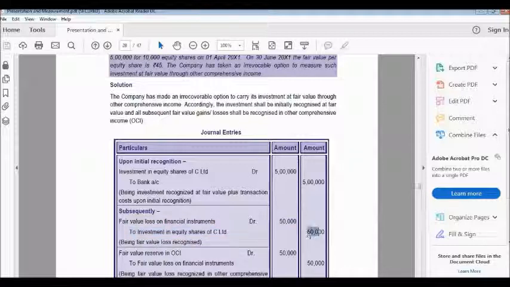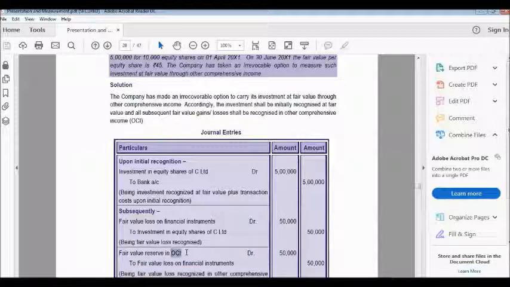That will be the loss, and it will be accounted for in other comprehensive income. So fair value reserve in other comprehensive income account debit to fair value loss on financial instrument, 50,000 rupees. That's how you have to account for it. For losses, you have to transfer that loss of 50,000 rupees into other comprehensive income.